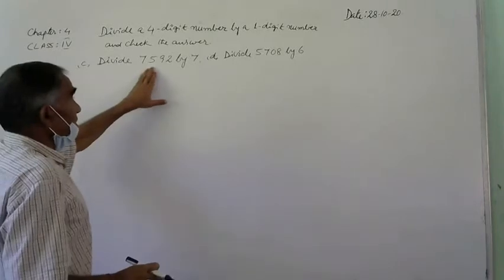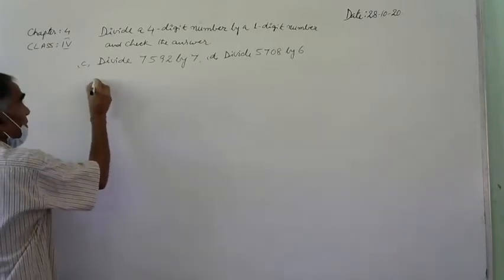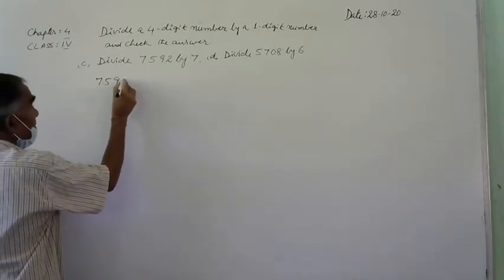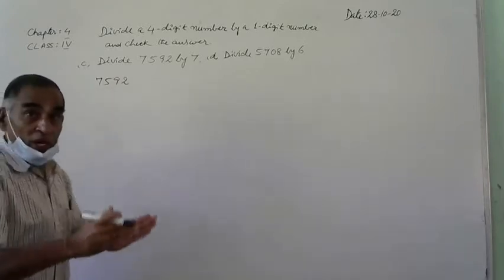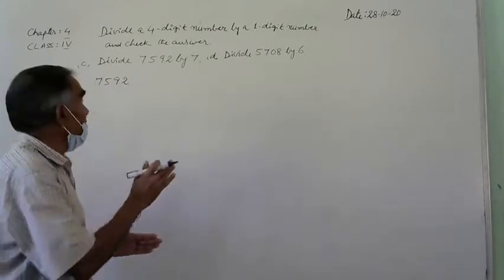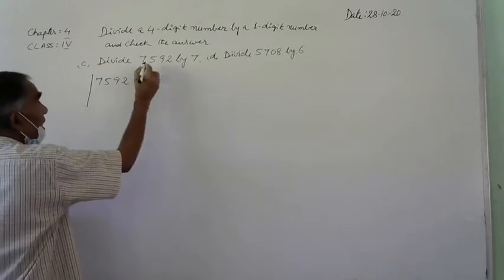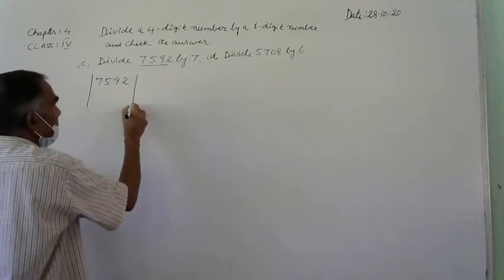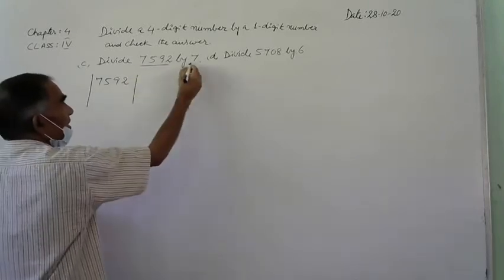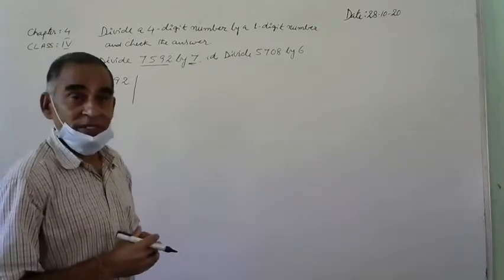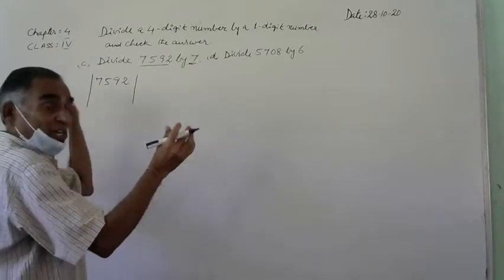This is a 4-digit number. You write 7,592 first. You draw two lines, both sides of the dividend, because it is called dividend, like this. Then the 7 is called what? Divisor. You write divisor on the left hand side of the dividend.